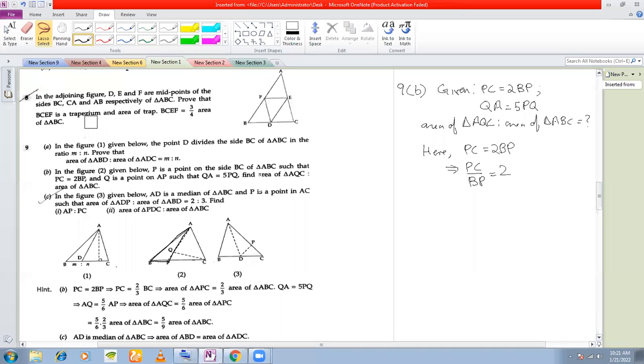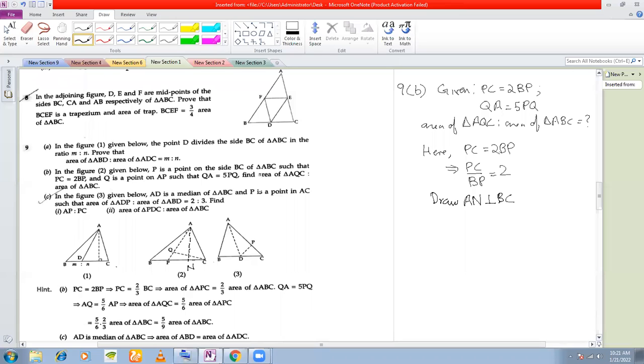And why do I say it is the base of this triangle? Because from A, if I draw an altitude or a height, let us call this N, so draw AN perpendicular to BC. Then AN is the height of triangle APC.